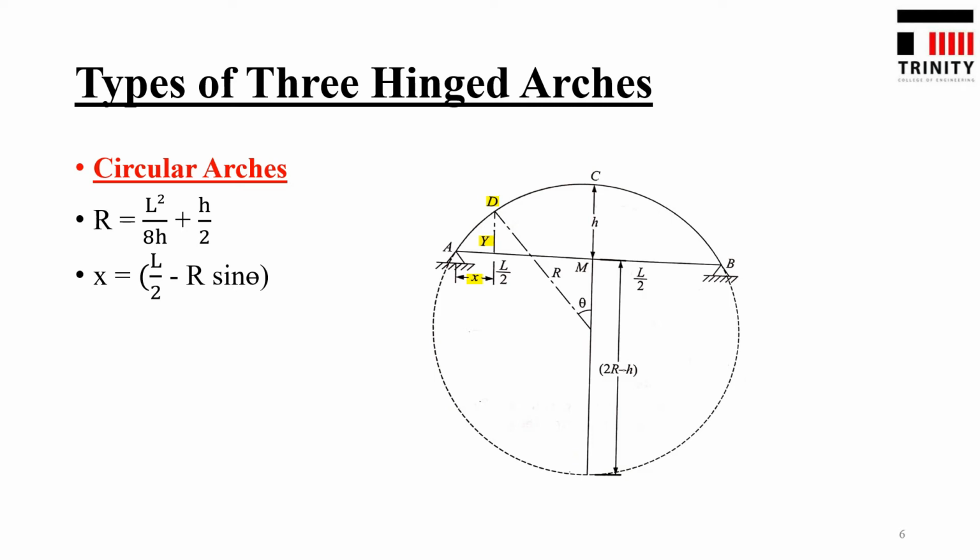Then x, the distance of any section from left support A, can be calculated using the formula x = L by 2 minus R sin theta. And y, the vertical distance of any section, is given by y = h minus R into (1 minus cos theta).